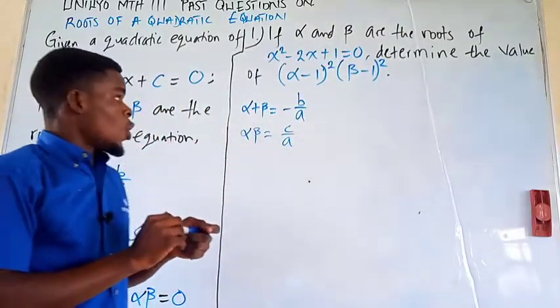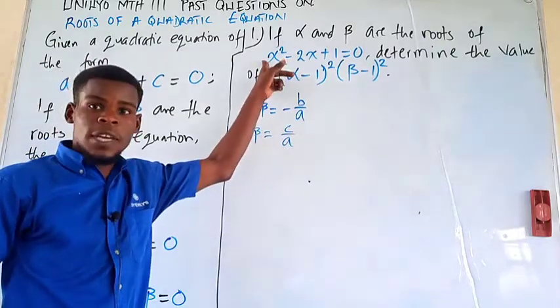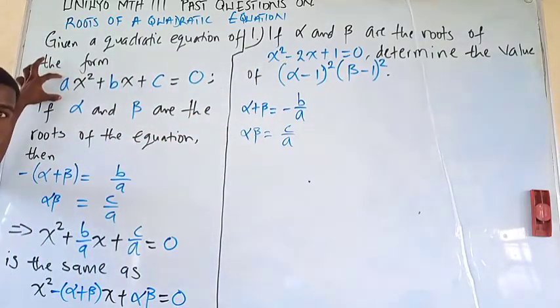From the given equation, we see that a is the coefficient of x squared, which is just 1.